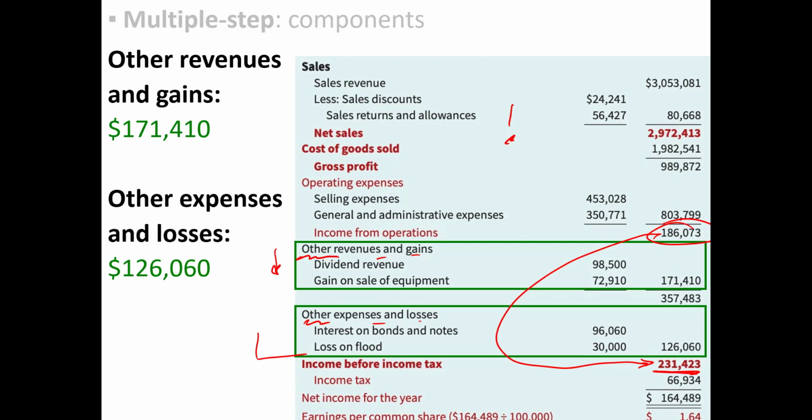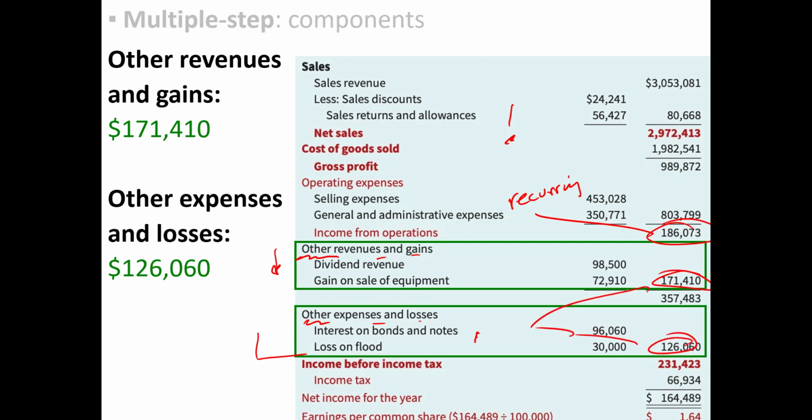Some people look and say, hey, a higher number is a better number. But the key thing you want to look at here is what's going to be recurring. The effects of these items here are unusual or infrequent. We cannot depend, say, for instance, on next year producing $171,000 in gain.